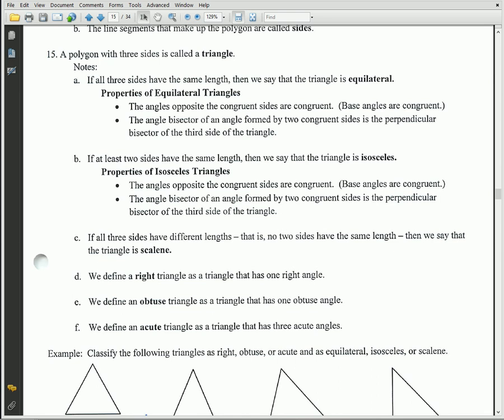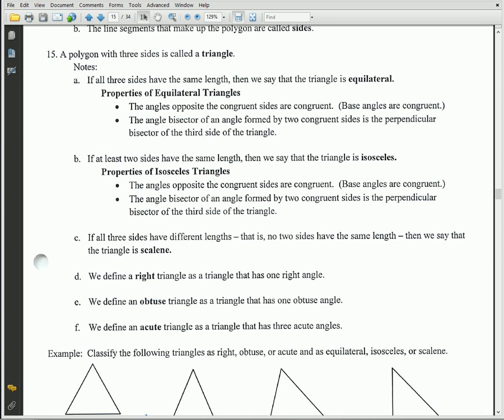If at least 2 sides have the same length, then it's isosceles. The angles opposite those congruent sides are congruent. So if I look at the base as the side that is not the same as the other 2 sides, then the base angles are congruent and the sides that come down from the top vertex are the two sides that are congruent.